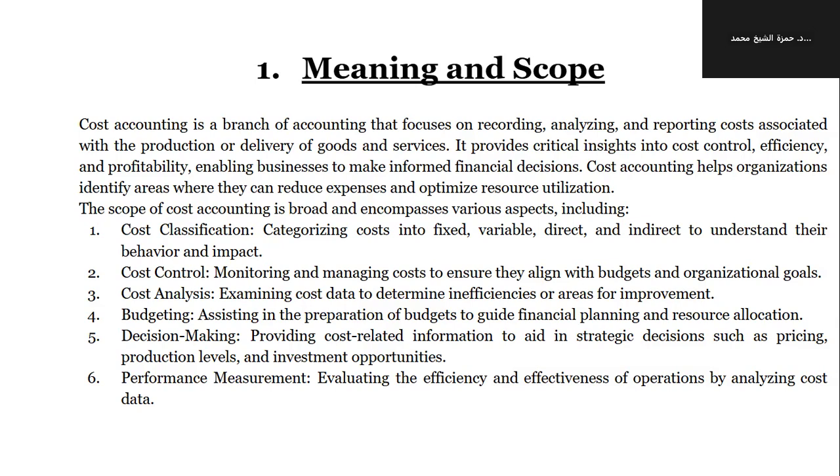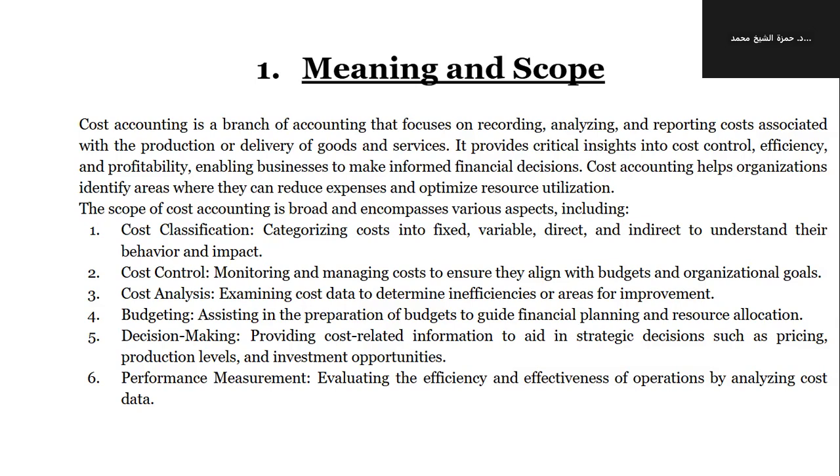If I want to make this decision, I have to collect a lot of information about the decision I will make. So cost accounting will give me informed information about cost control, about efficiency, about profitability. How can it do that?